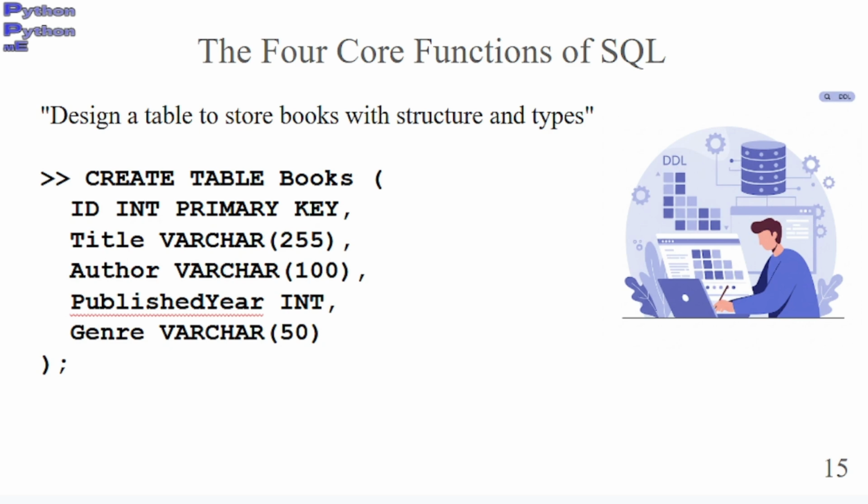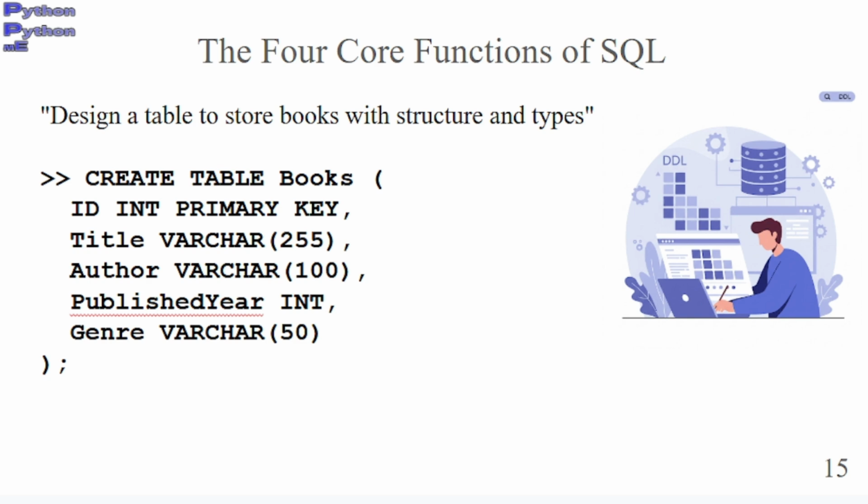Moving on, in order to define or design the table that we have been working on, we would define it under a command structure somewhat like this. In order to create such a table where the books need to be stored, we use this command to create the table books and define the columns along with their data types.